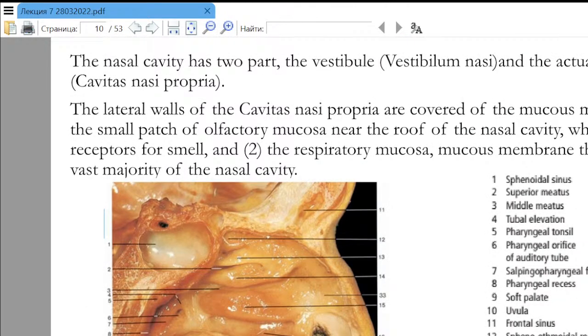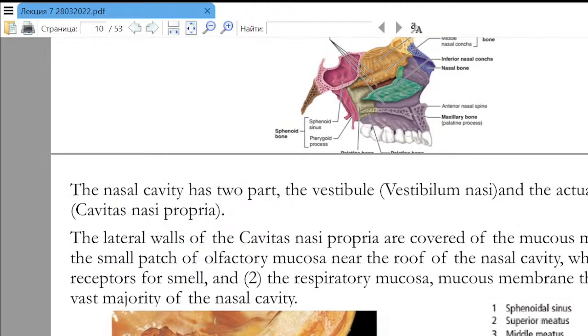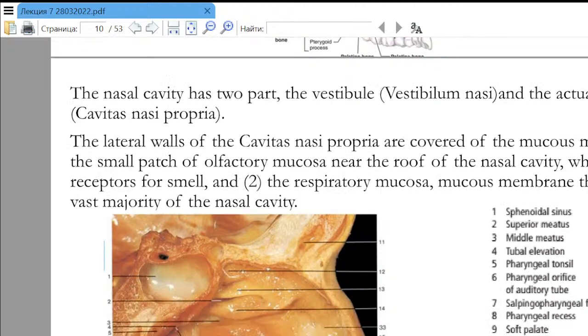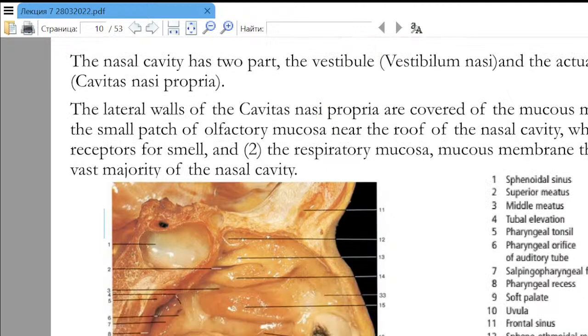You see the lateral wall of the nasal cavity, with the septum removed. This is the septum removed. The nasal cavity has two parts: the nasal vestibule, and the actual nasal cavity, cavitas nasi propria.